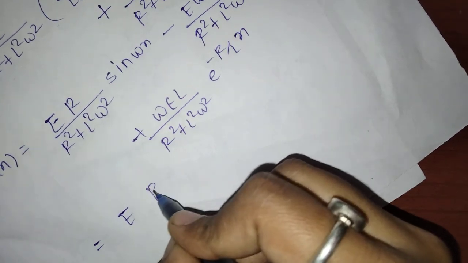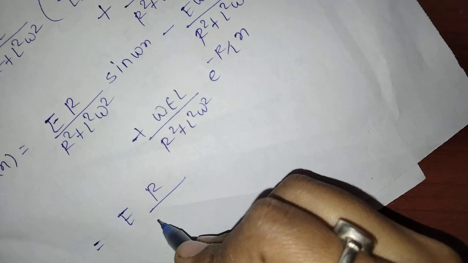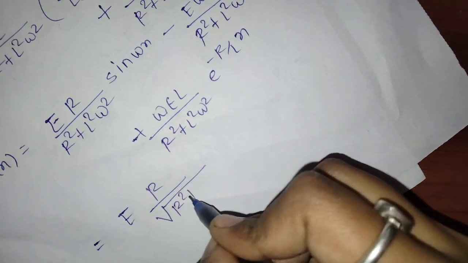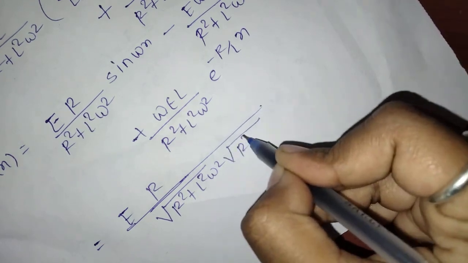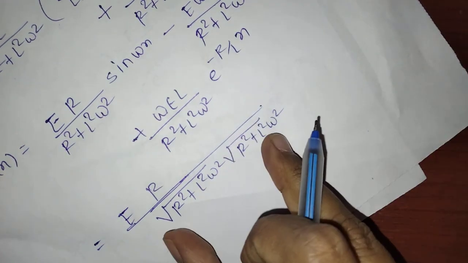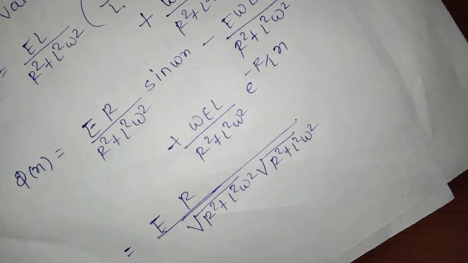E upon under root R square plus L square W square, nothing but the R square plus L square W square.